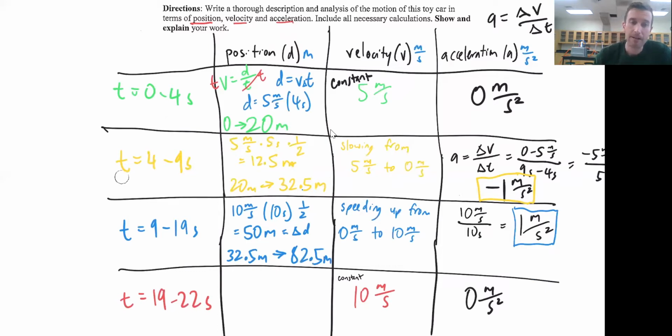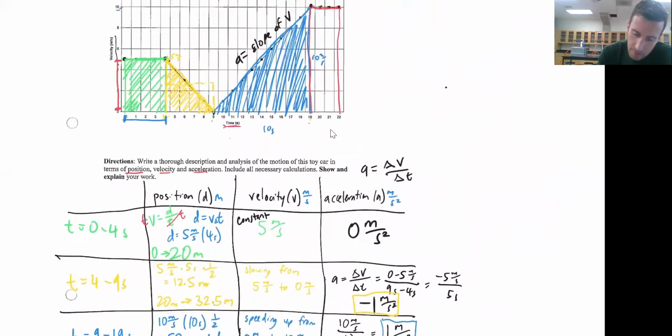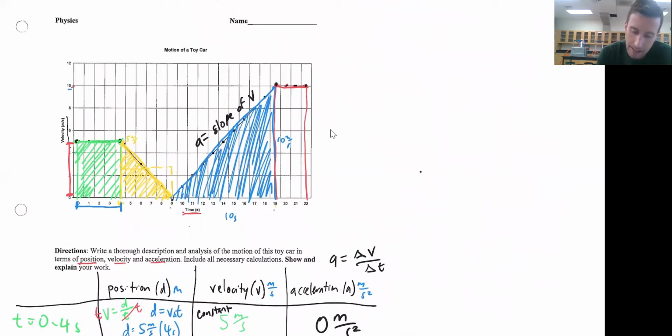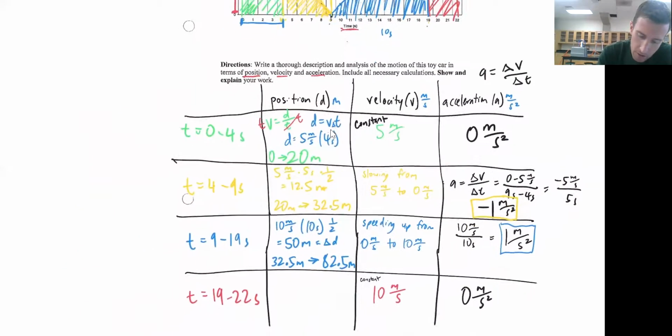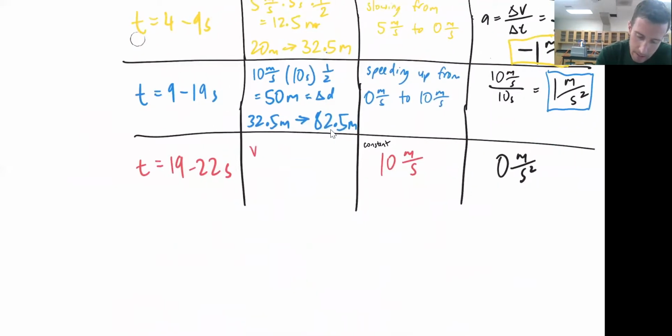And then finally, from 19 to 22 seconds, I am going to take a look at that section. This one, it's a rectangle. It's 10 high. It's 3 long. So I could say I'm taking the area under the curve right there. Or I could just note that distance equals velocity times time, which is equal to 10 meters per second times 3 seconds for a total of 30 meters.